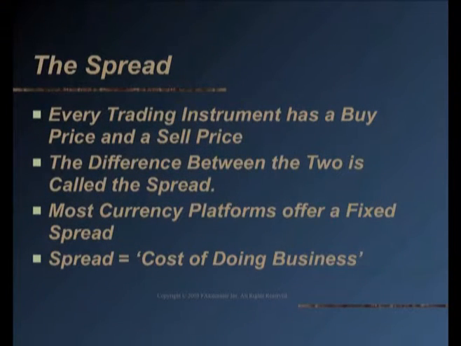Let's talk about the spread for a moment. Every trading instrument, whether it's a stock, futures, or foreign exchange, has a buy price and a sell price. The difference between these two is called the spread. Most currency platforms offer a fixed spread, so you can say in many cases that perhaps a currency pair has a 3 pip spread, for example.